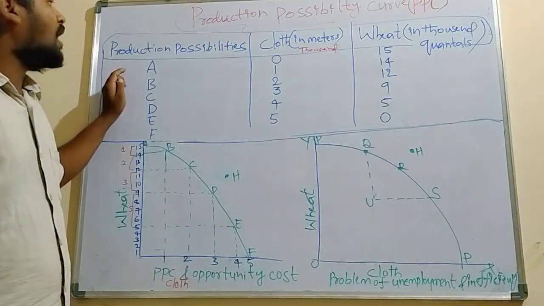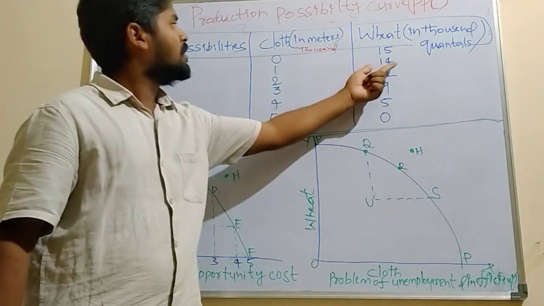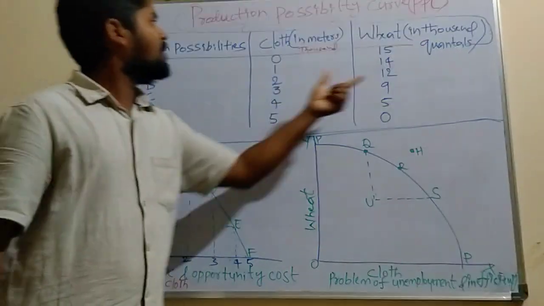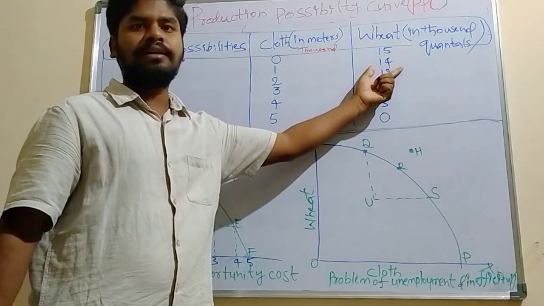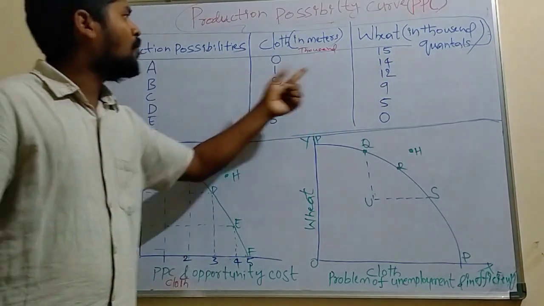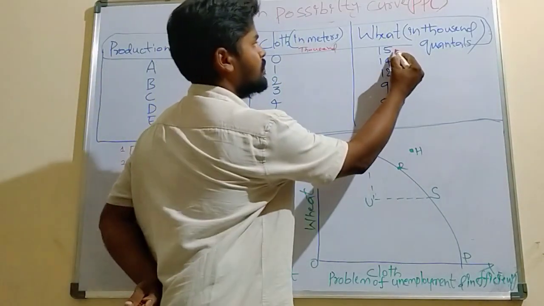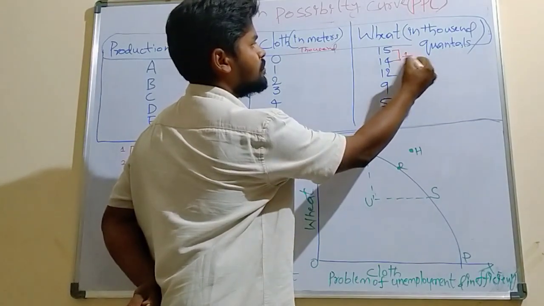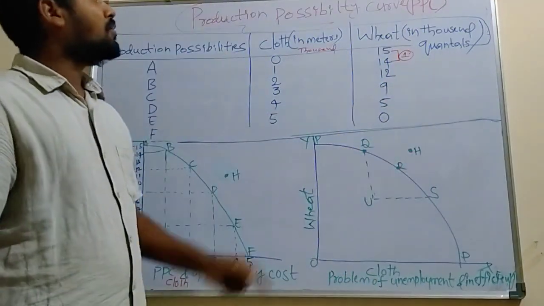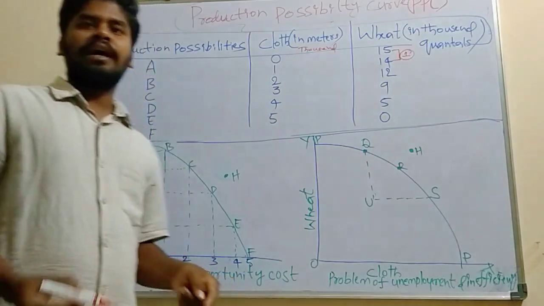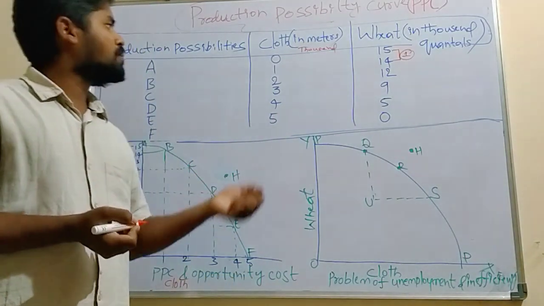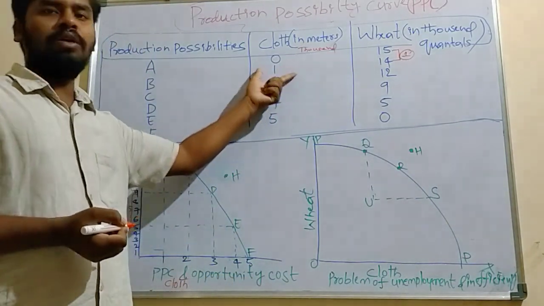Now see the second combination B: 14,000 quintals of wheat are produced, and 1000 units of wheat are sacrificed to produce another good like cloth.